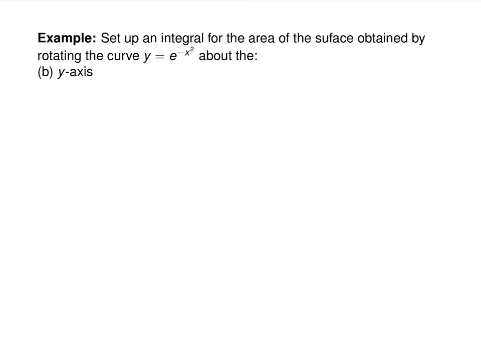If you're going to spin about the y-axis, we'll say 0 to 1 again. How far away is that? Well, that's x away. So the surface area will be the integral of 2 pi x square root 1 plus f prime of x squared.